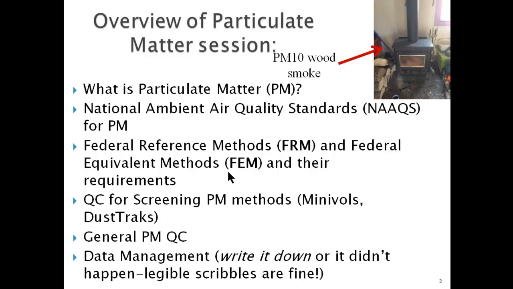We don't have a lot of time to go into detail, but we're going to focus mostly on quality control for screening particulate matter methods. So using devices that are not federal reference or federal equivalent methods, devices such as Minivols or DustTraks devices, that are used to get an idea of what the particulate matter concentration is in the air.